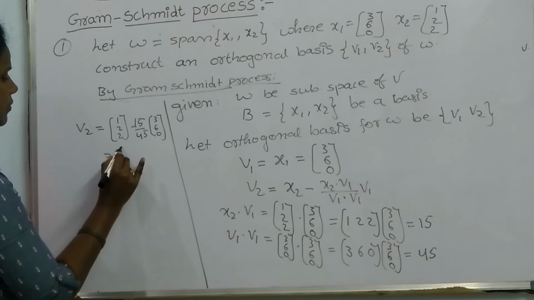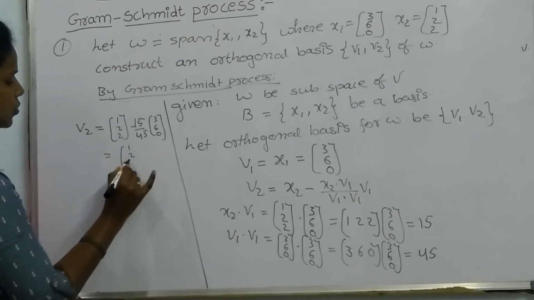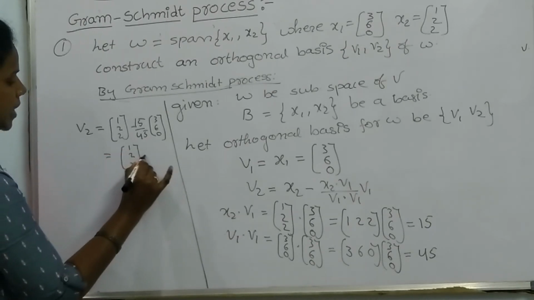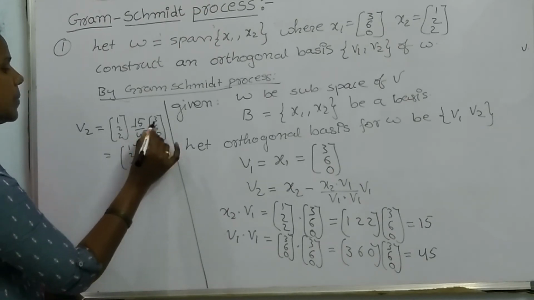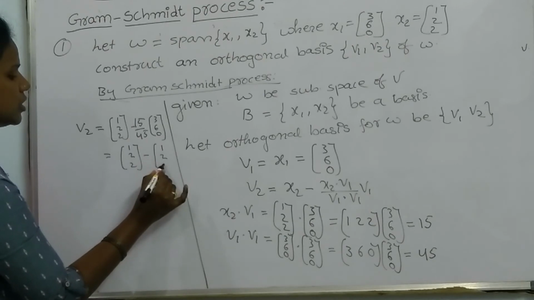If you simplify, it will be (1, 2, 2) minus, 15 threes are 45, so 3 by 3 is 1, 6 by 3 is 2, 0.